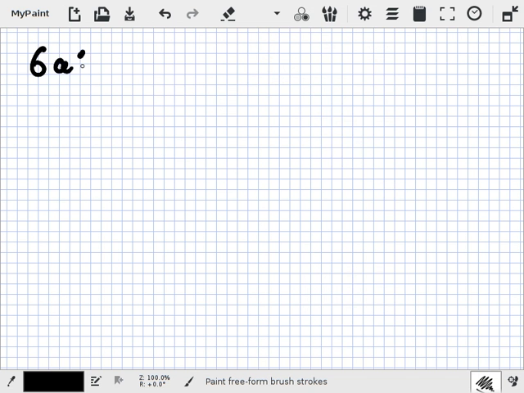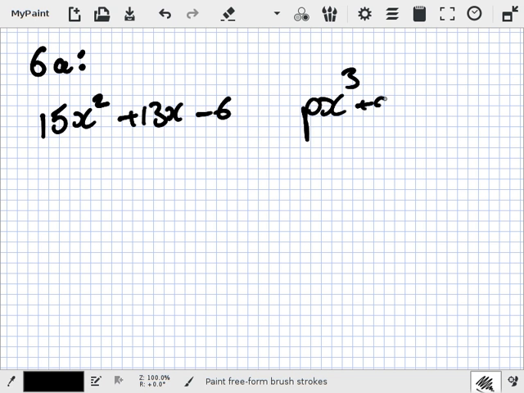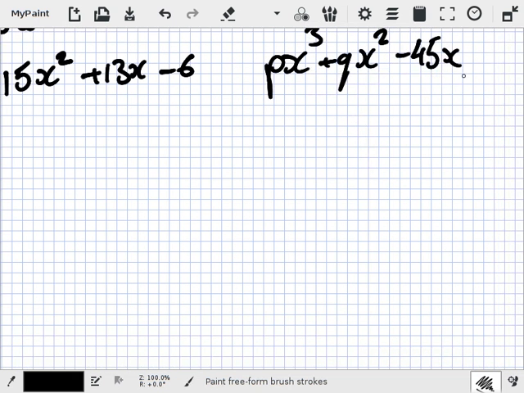6a on page 22. You know that 15x squared plus 13x minus 6 is a factor of px cubed plus qx squared minus 45x plus 18.